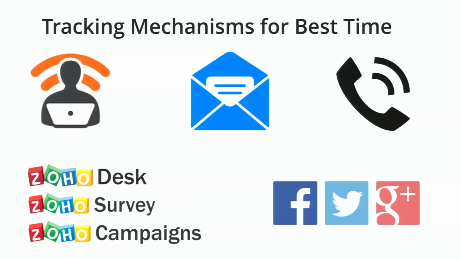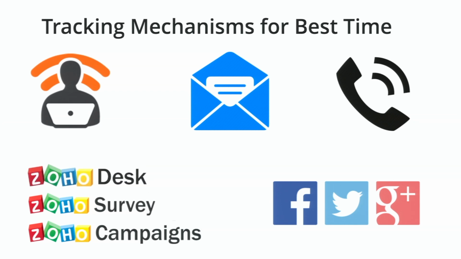So if you're using Sales IQ, which is our website activity monitoring tool, then all that website tracking information shows up in the CRM, and based on when they're visiting your website, it'll use that information as a reference as well. And then, of course, some other applications from other spaces. So Zoho Desk for support tickets, Survey for those responses, and Zoho Campaigns for newsletters.